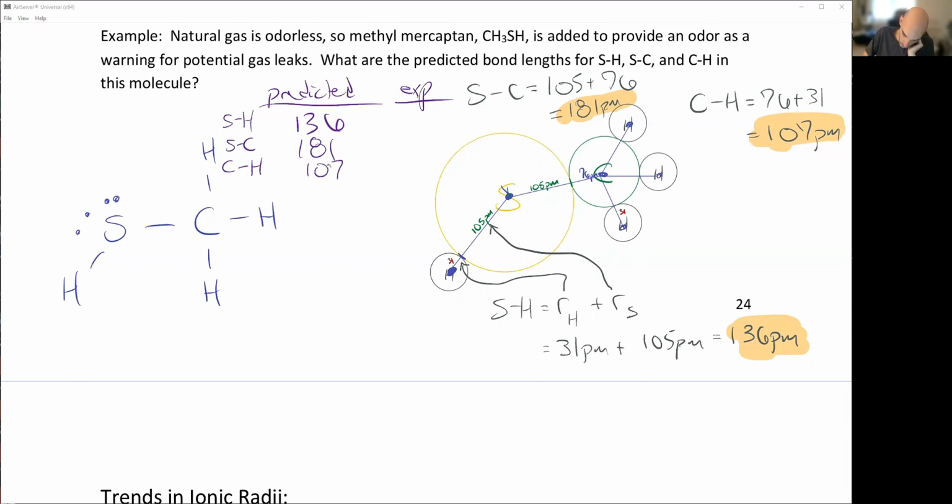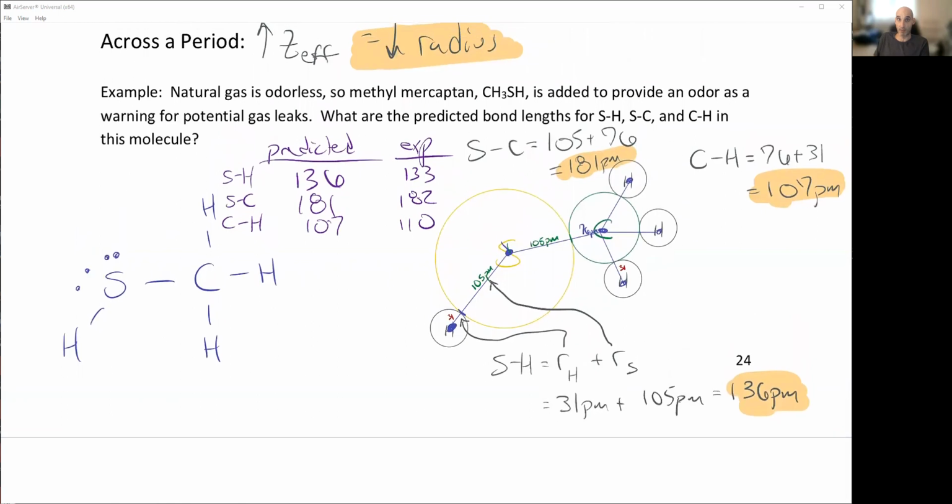And the experimentals were 133 for SH, 182 for SC, and 110 for the CH. So actually they're all pretty close to what we have. The good news is if we're looking at a molecular compound like this, we can see that we have pretty close bond lengths in agreement with our spectroscopic data. So we actually look at these through spectroscopy. So these are pretty close all in all. Good. Okay, so that's the idea.